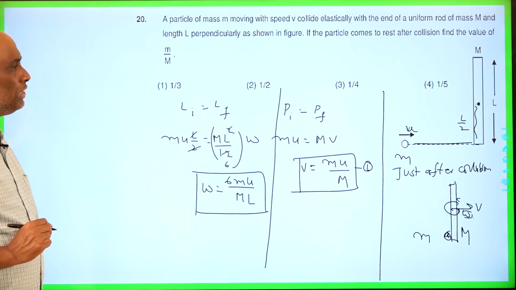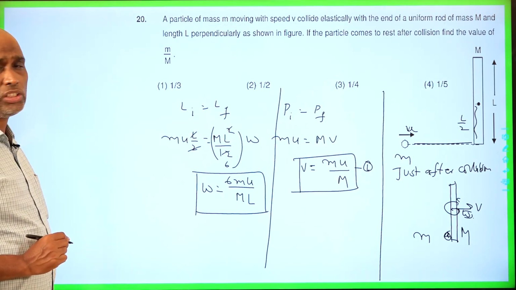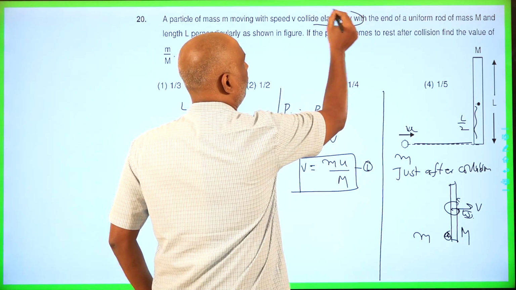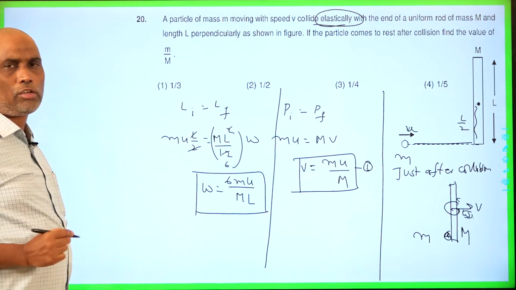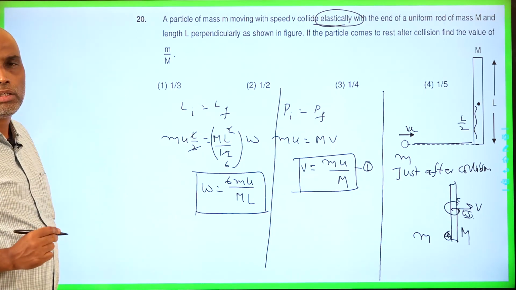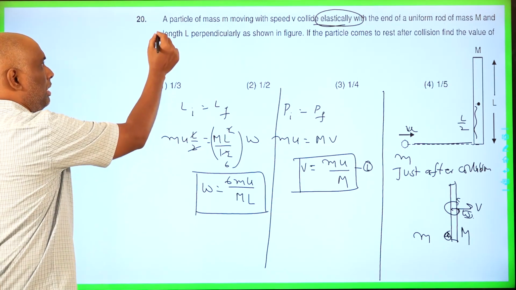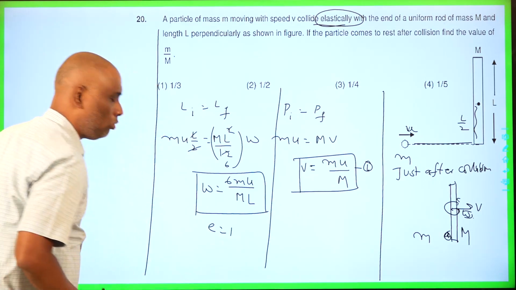Next, they have given that just after collision, the particle is coming to rest, and what kind of collision did they mention? Elastic collision. When I say elastic collision, at the point of impact, the value of e should be equal to 1. Because the collision is elastic, e is equal to 1.